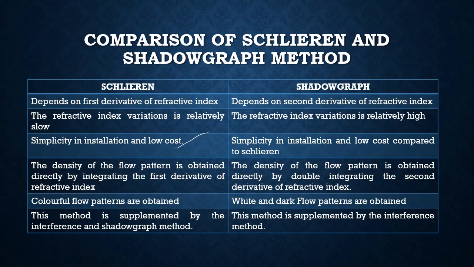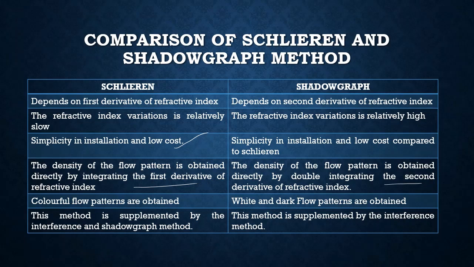And then in Schlieren, the density of the flow pattern is obtained by integrating the first derivative of refractive index. But here the density of the flow pattern is obtained by double integration, so you have to use double integration, and then you have to find the value of the second derivative of refractive index, right?